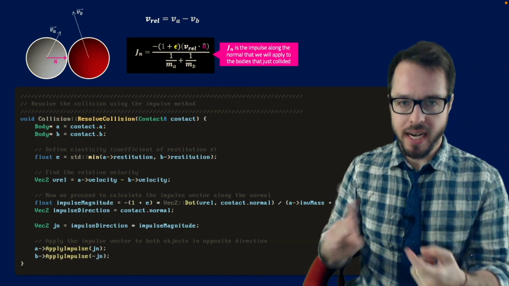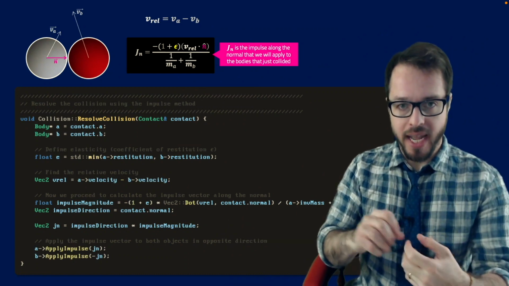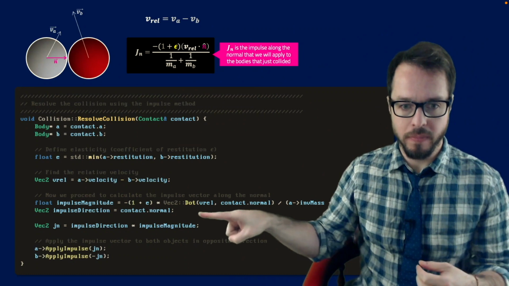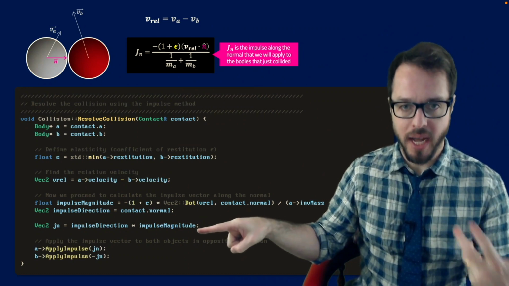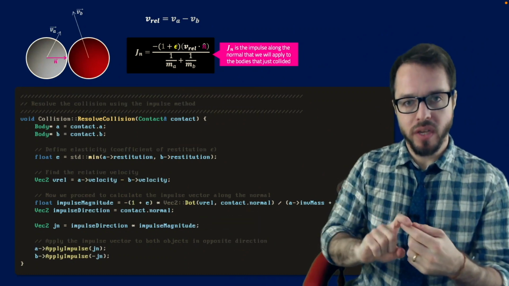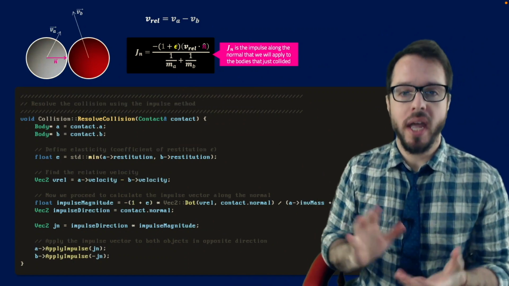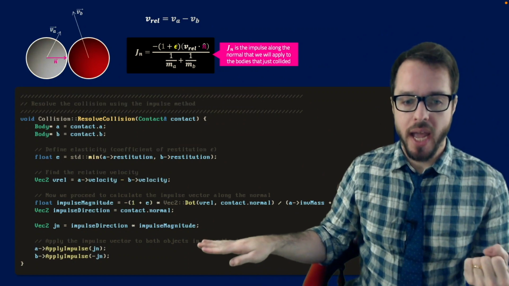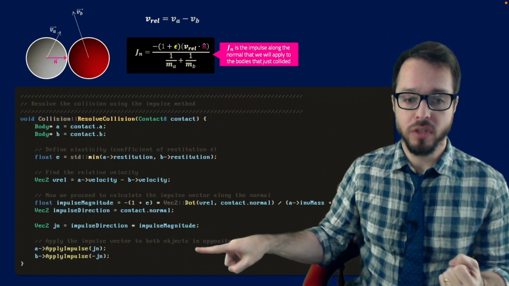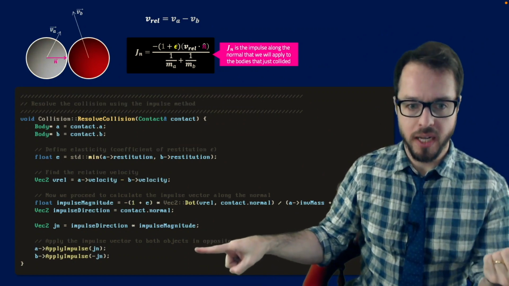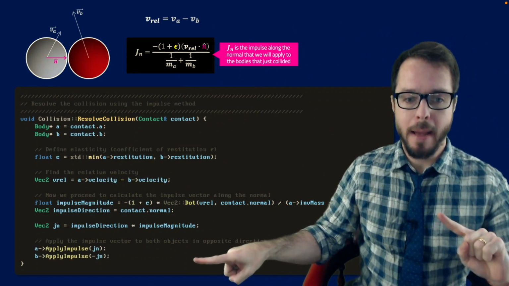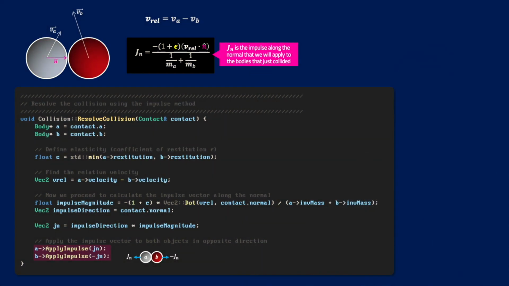If I get that direction, that normal vector, and I multiply it by the magnitude, that is going to give me the final impulse vector. And then all I have to do is say, body A, apply the impulse Jn to A, and apply the impulse minus Jn to B. I just flip that vector and apply the negative Jn to B. So plus Jn to A, minus Jn to B.